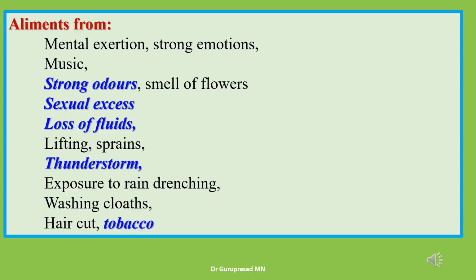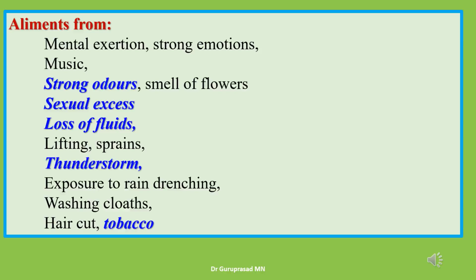We'll see some of the etiological factors of Phosphorus. Ailments from mental exertion, from strong emotions, from music, from strong odors, from the smell of flowers, like our Nux vomica, from sexual excess.